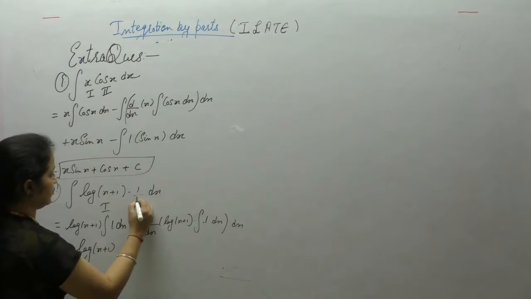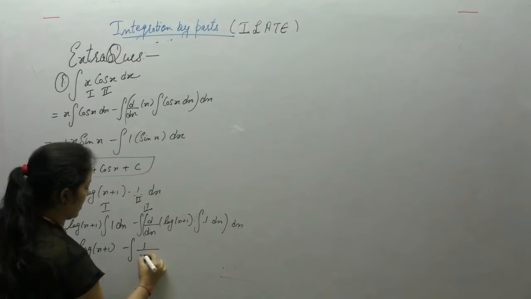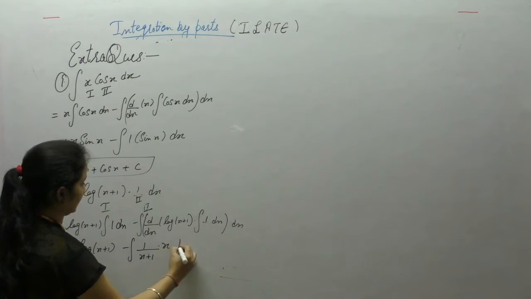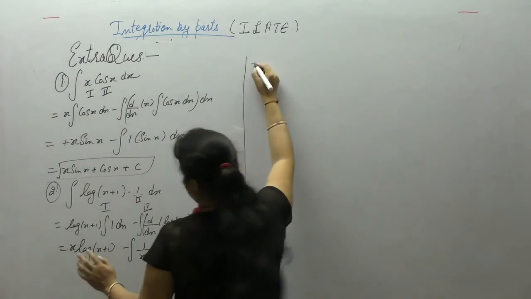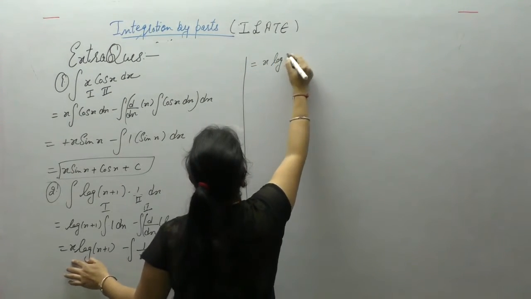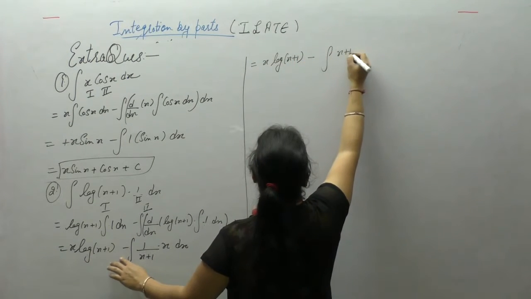Integral of 1 is x. Derivative of log. Integral of 1 is x. X log of x plus 1. Add and subtract 1 in the numerator.